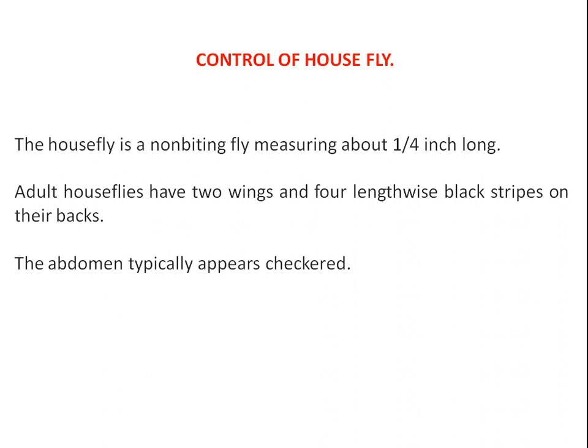The housefly is a non-biting fly measuring about 1 to 4 centimeters in length. Adult houseflies have 2 wings and 4 lengthwise black stripes on the back of the body. The abdomen typically appears checkerboard type.